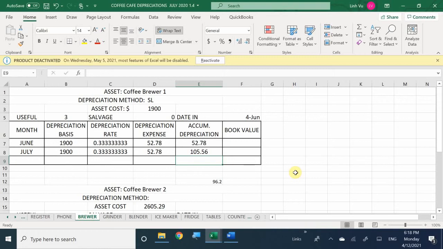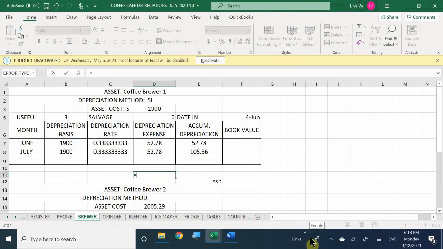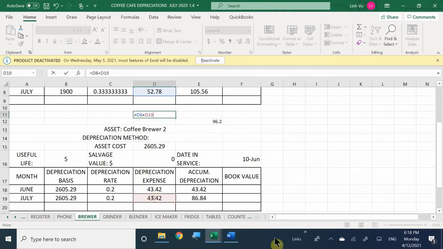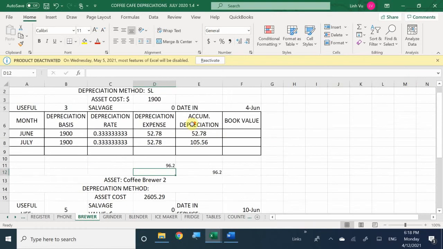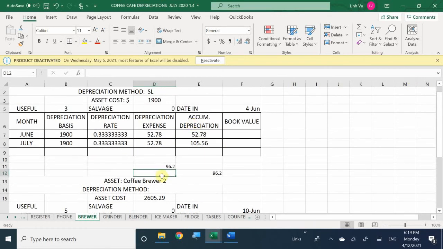So once again, because it's straight line, our numbers shouldn't change, because it should depreciate the same amount every single month. So in this case, I'm going to take my depreciation for July and add this one too. Because there are 2 of them, we have a total of 96.20.